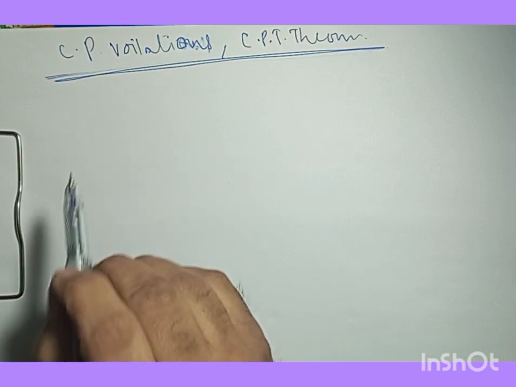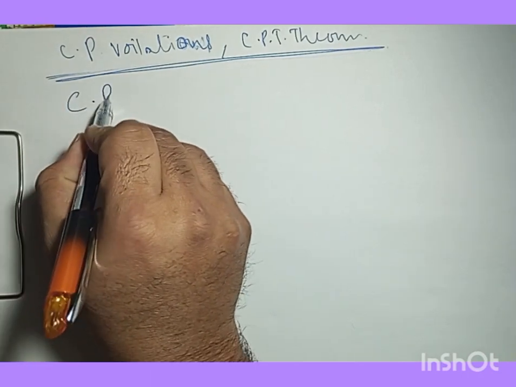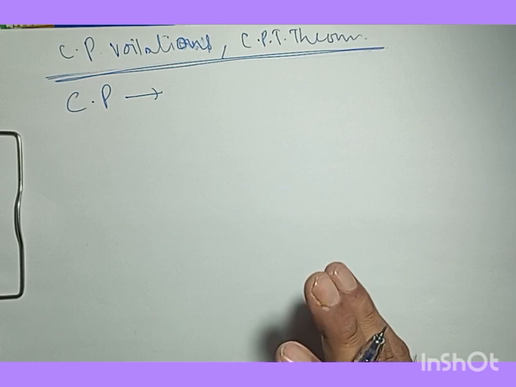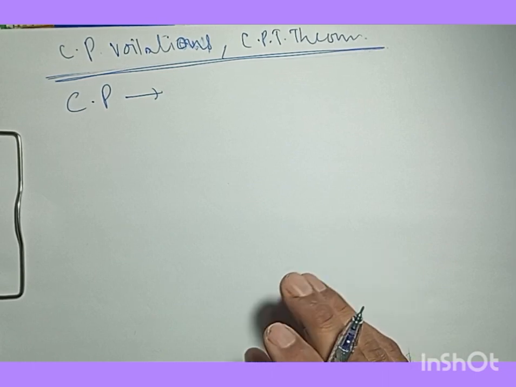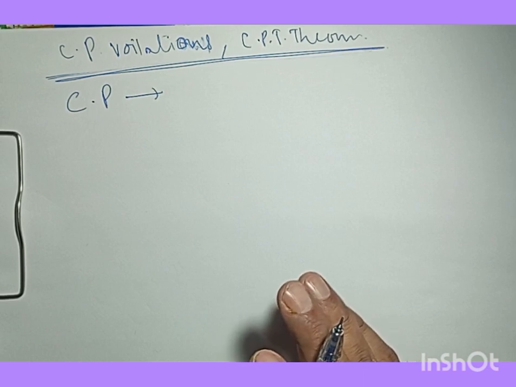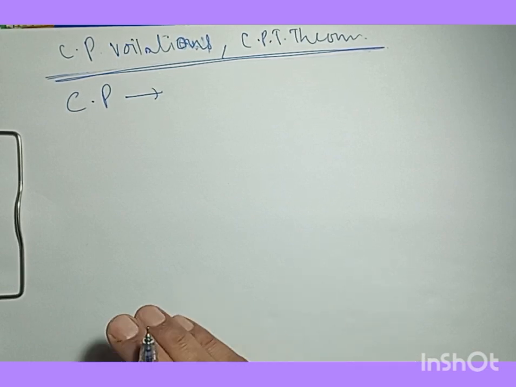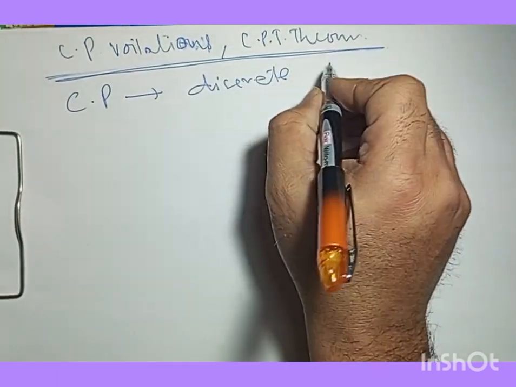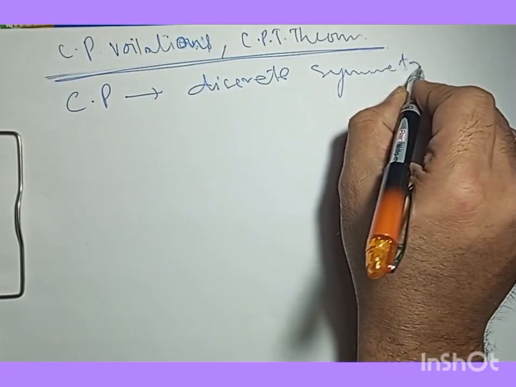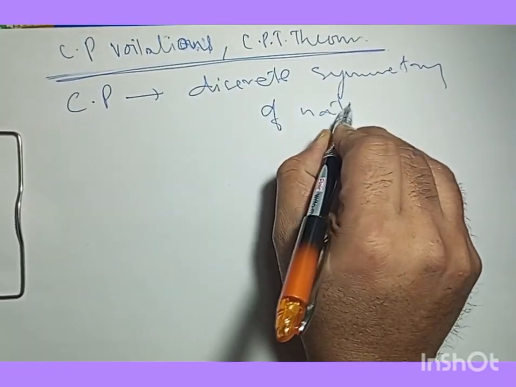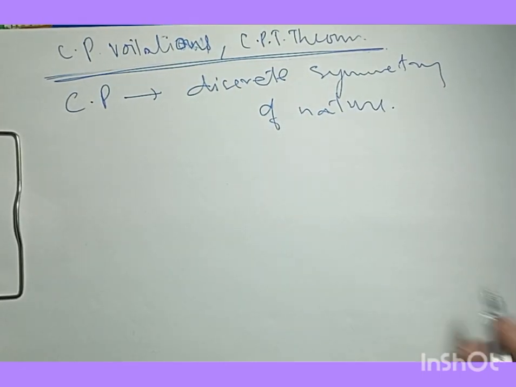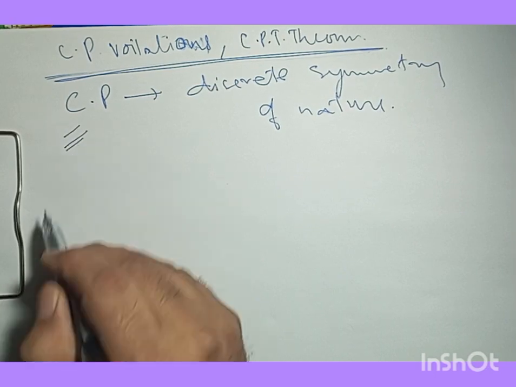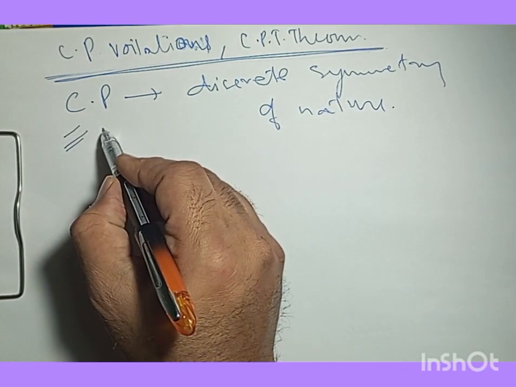This CP, what we call charge conjugation and parity, basically refers to the discrete symmetry of nature. It's given by the product of the charge conjugation C and the parity P.